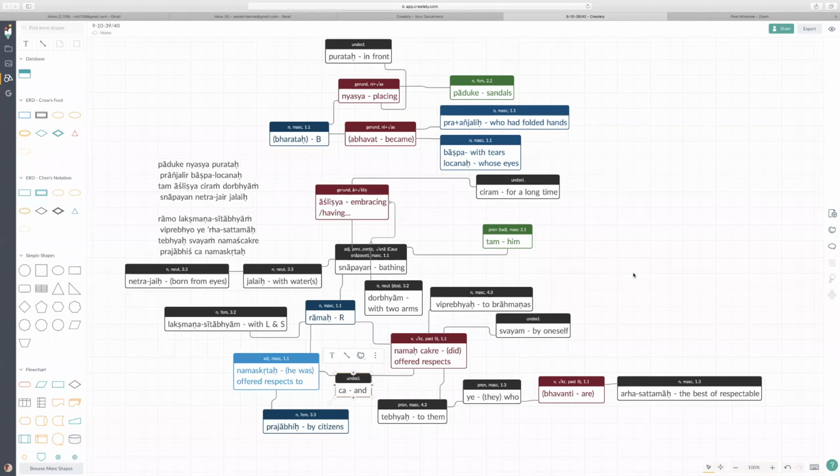For today's verse, it was Jiva Goswami's commentary, who has spoken about this, implying this abhavat for Bharata, and another verb that we implied for the arhasattamas. And you can come to the same conclusion. It just sometimes helps to have such clarification.